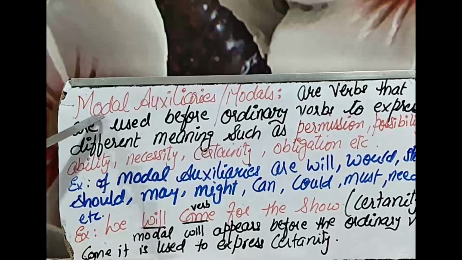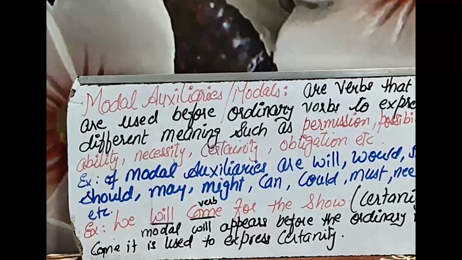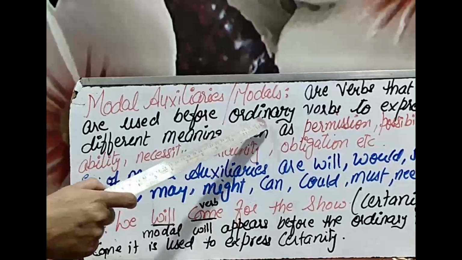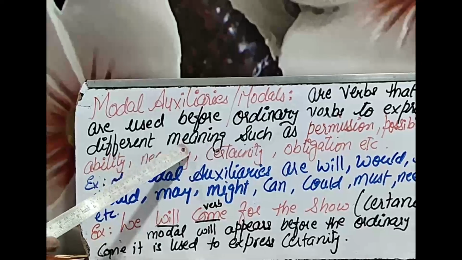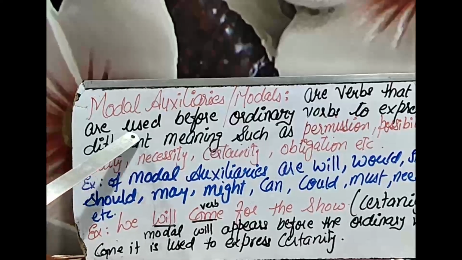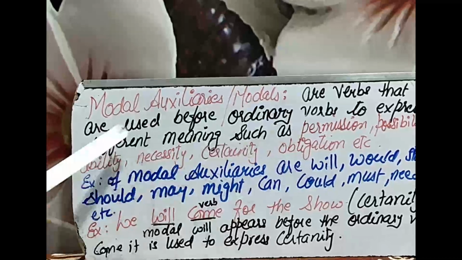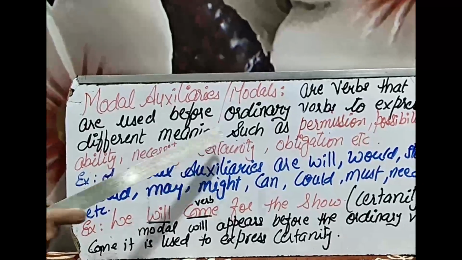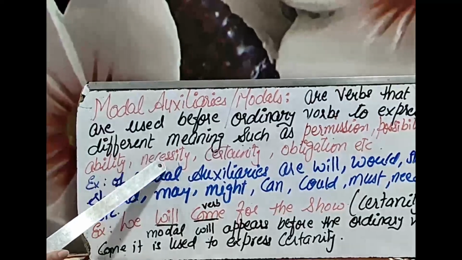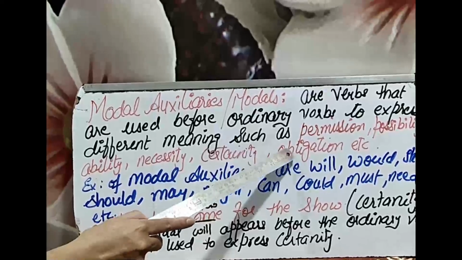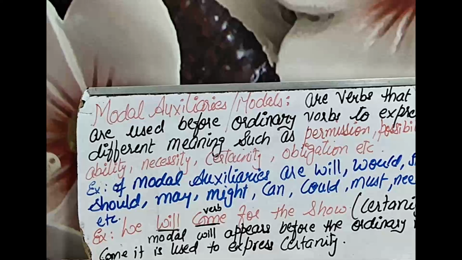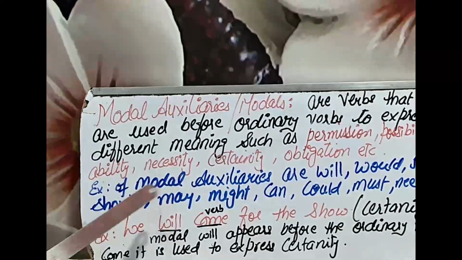Now we will see modal auxiliaries or modals. Modals are verbs that are used before ordinary verbs to express different meanings, such as permission, possibility, ability, necessity, certainty, obligation, etc. So these all come under modal auxiliary or modal verbs.